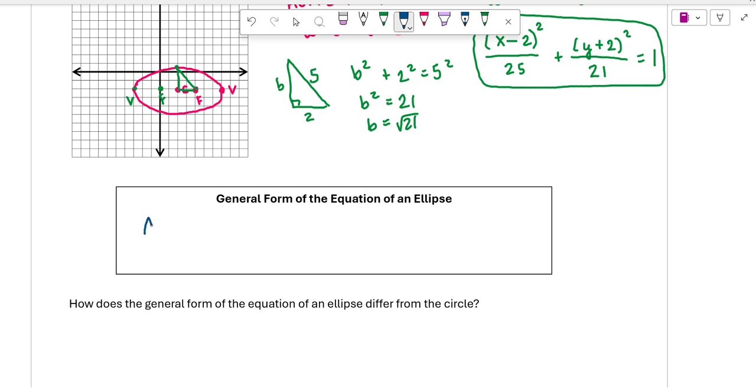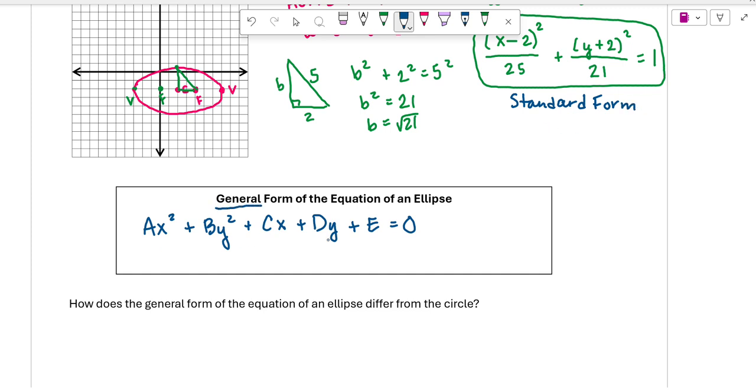So the general form is ax squared plus by squared plus cx plus dy plus e equals 0. Remember that this form is really not for graphing. The form up here is called standard form, where it has the information we would need for a graph. And this is called general form because the equation is basically the same for all the conic sections, and then there's just little tweaks for each one.